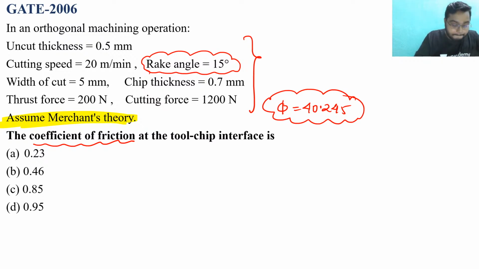Okay. Anybody else? B. Okay, Shivam has told option B, Asis has told option B.